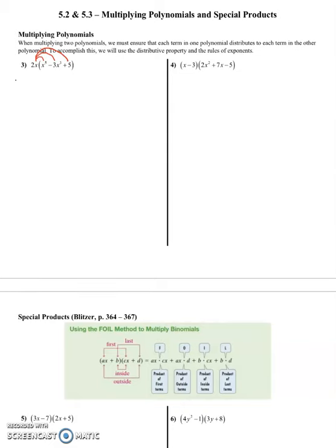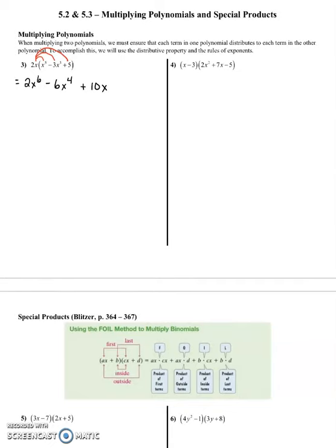So when we do that, 2x times x to the 5th is 2x to the 6th, because remember, that x has a 1 exponent on it and we're adding the exponents. 2x times negative 3x cubed: 2 times negative 3 is negative 6. x to the first times x cubed is x to the 4th. And then 2x times plus 5, well, 2 times 5 is 10, and the x comes along for the ride. And so that's how that one distributes.